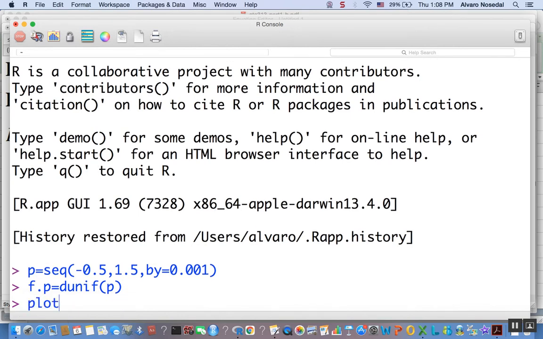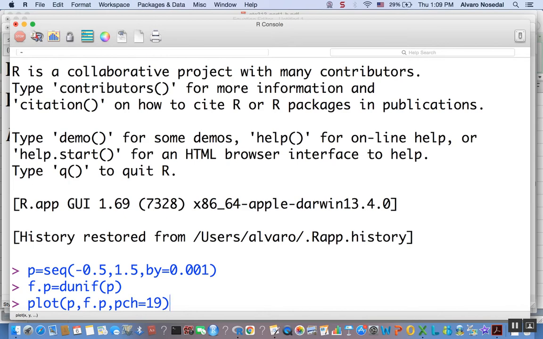Now to make a plot, a scatter plot, a graph of the PDF, I'm going to be using the function plot. First we need the numbers that we're going to use for the x-coordinate, for the horizontal axis, then the numbers for the y-coordinate, and then let me use pch equals 19 because I would like to see solid circles.